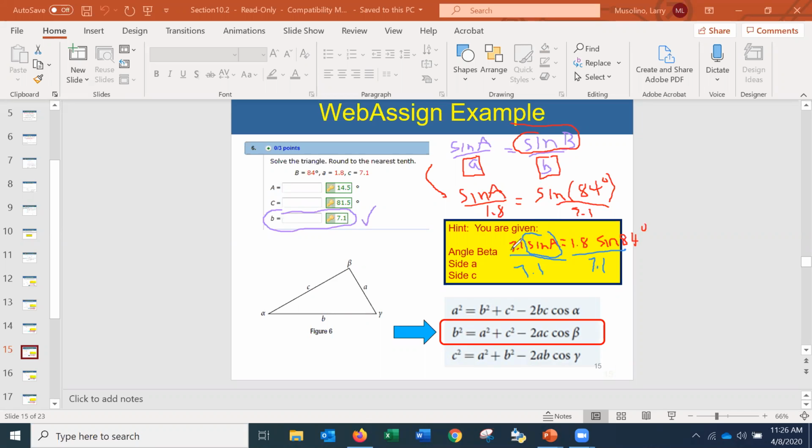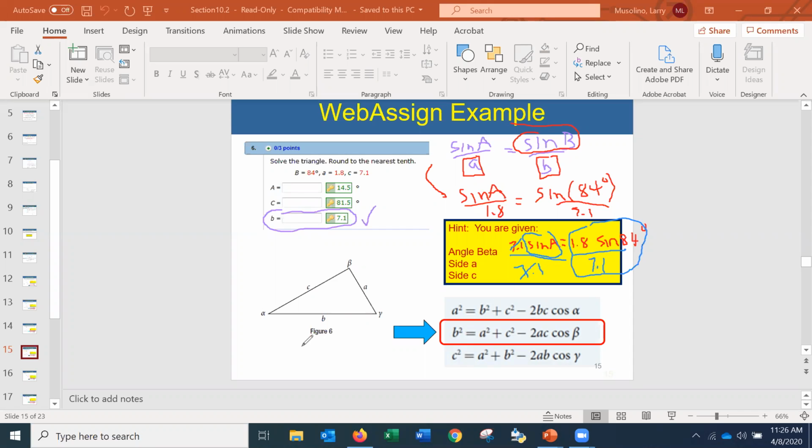Okay, so that means sine A is equal to this fraction. And we have to do the inverse sine. Exactly right, Janara. Now, let me work out the right-hand side, which is 1.8 times sine 84 divided by 7.1.